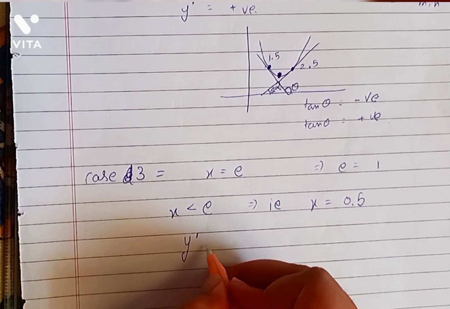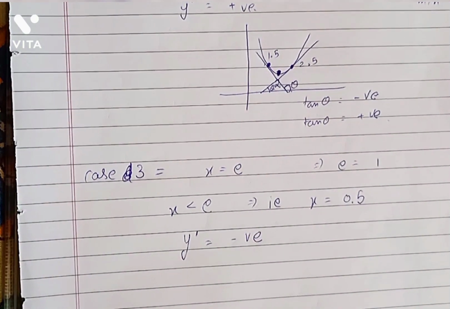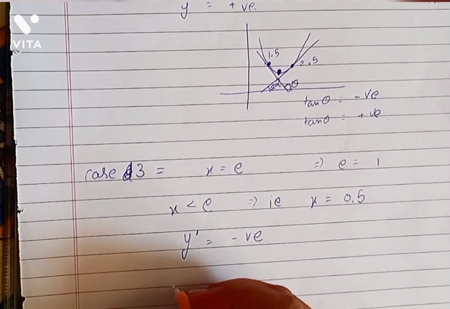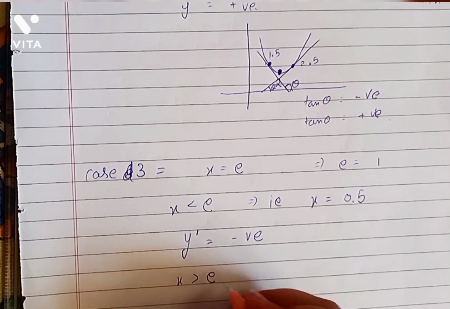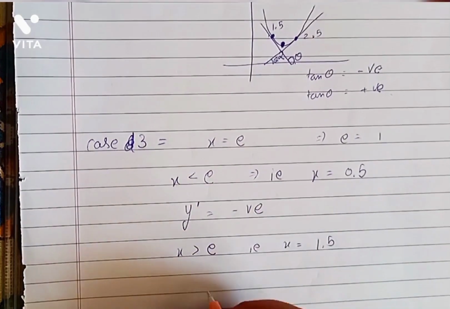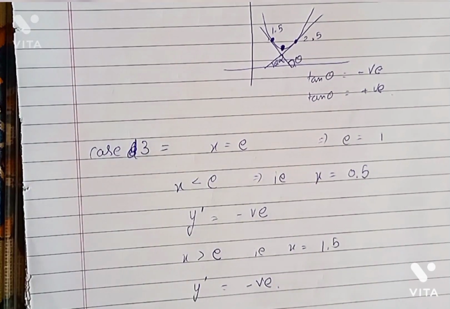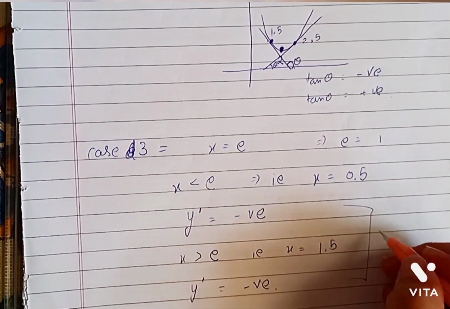Putting this value in y dash, I got y dash as negative. And when I took X slightly greater than E, that is X equals 1.5, then I got y dash again as negative. In this case, this is a point of inflection, meaning its sign doesn't change. So it remains the same.